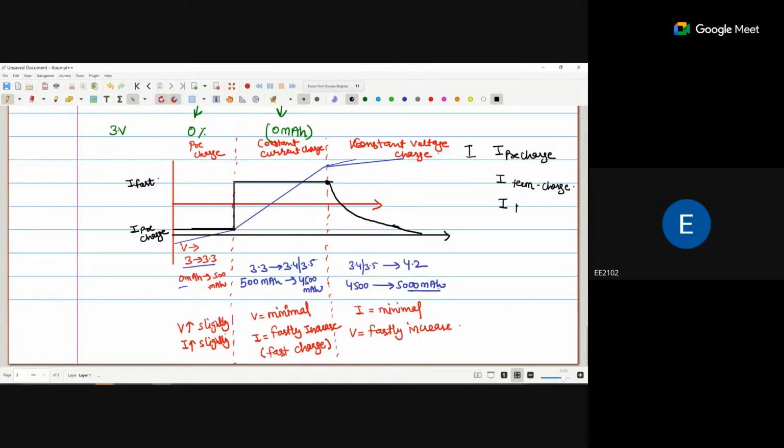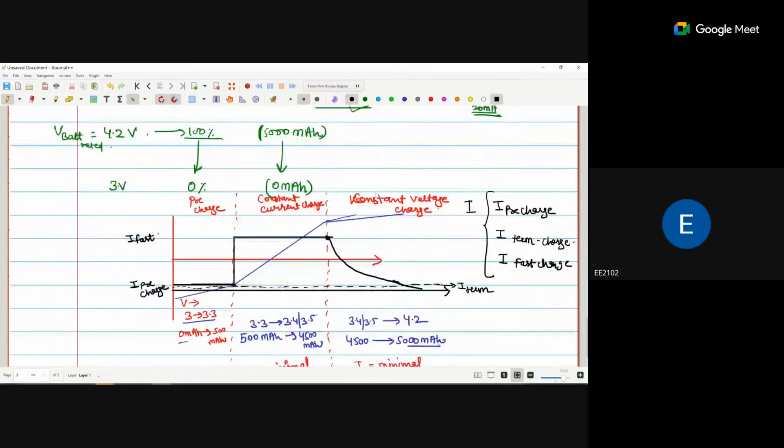So these three terms are there: pre-charge, fast charge, and term charge. This is called the term charge, where termination will be done. After that, your circuit will be terminated.